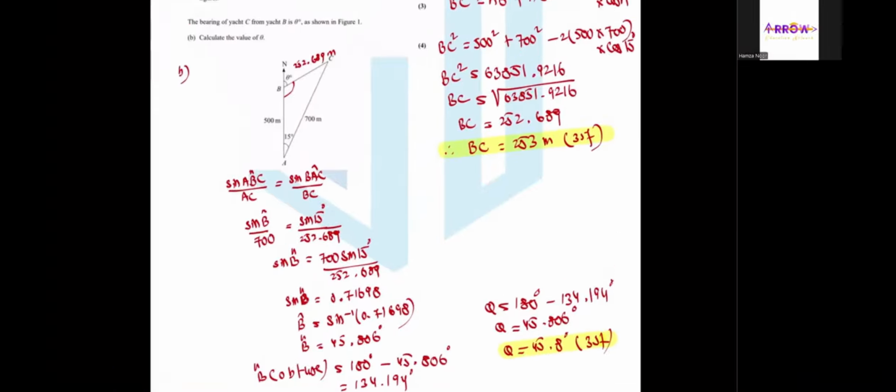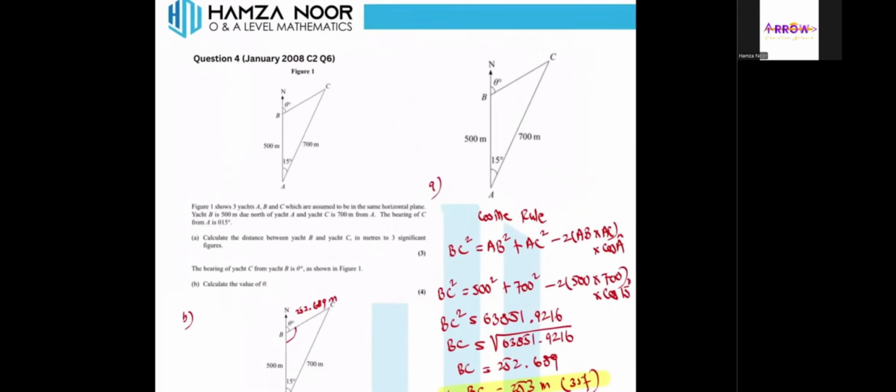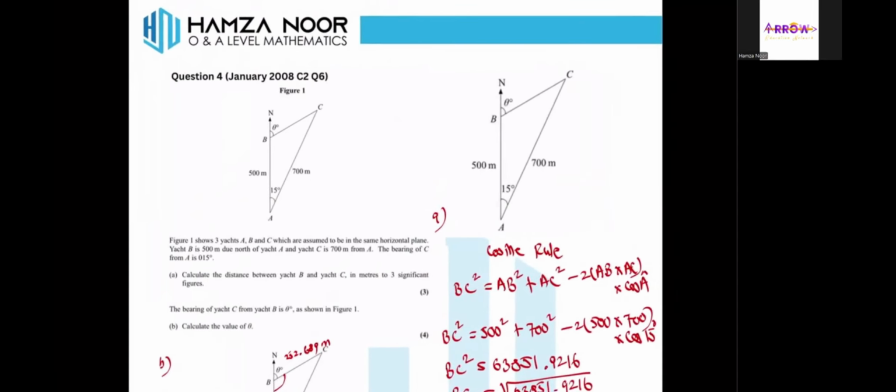Since the angle theta was asked, and this angle theta is a bearing, you can write your answer as 45.8 degrees or 46 degrees. So this was question number 4 of this handout, which is January 2008 C2 question number 6.